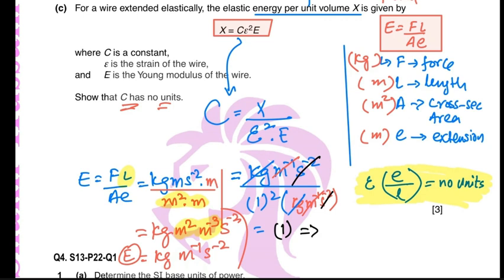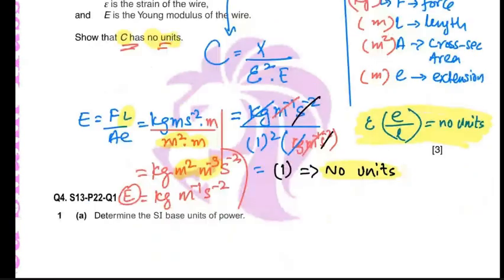That means it has no units. When simplifying and finally getting your answer as 1, it means that particular quantity has no unit. Right? Got it? Yes. Okay.